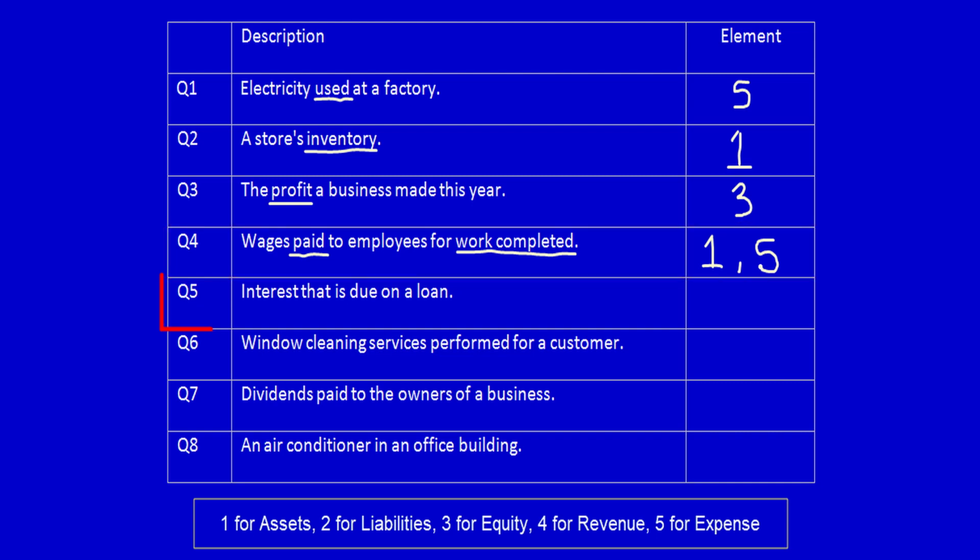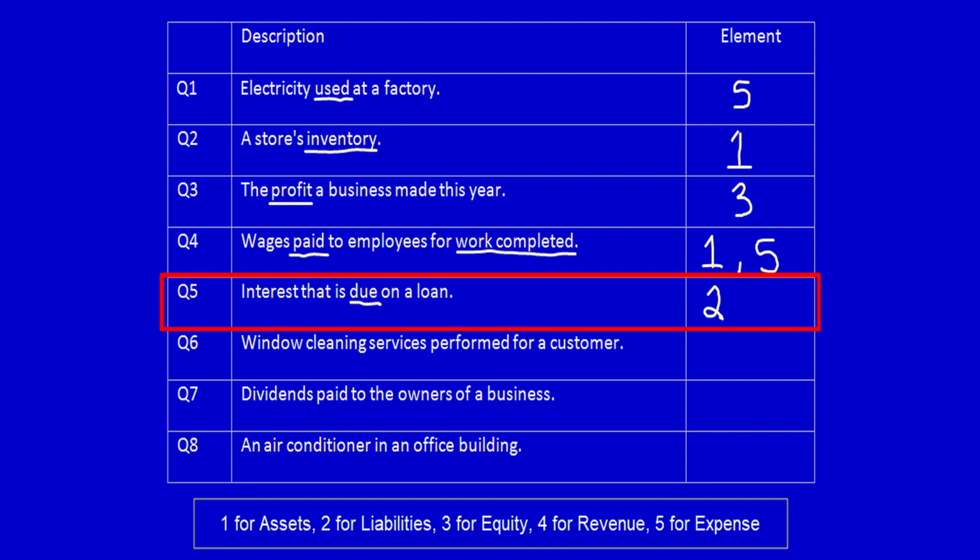Let's go down to question 5. Interest that is due on a loan. What is the first key word that springs to the eye? The word due. Due indicates a future obligation that has to be settled. That's a liability, 2. However, this is a transaction, and it's a sneaky transaction. It would be hard to really recognize this.